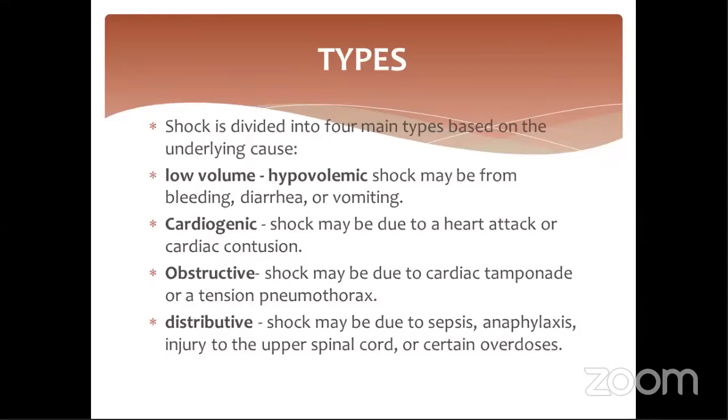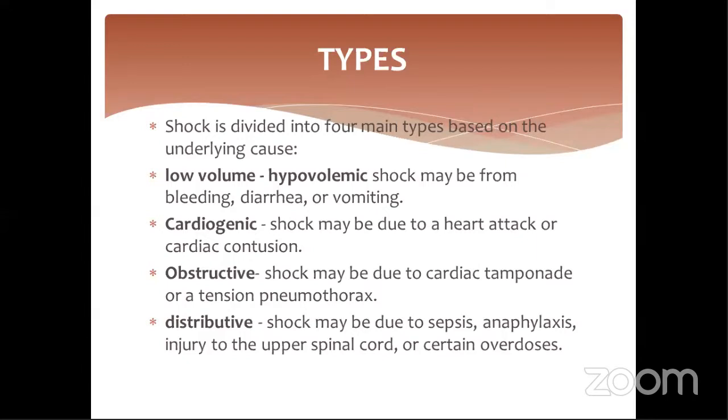Cardiogenic shock may occur due to heart attack or cardiac contusion. Obstructive shock may be due to cardiac tamponade or a tension pneumothorax. If there is pressure from different directions on that organ, obstructive shock is generated. Distributive shock may be due to sepsis, anaphylaxis, injury to the upper spinal cord, or certain overdoses.